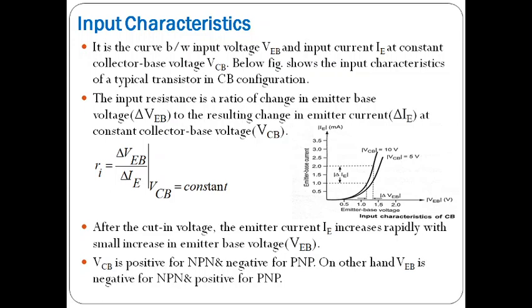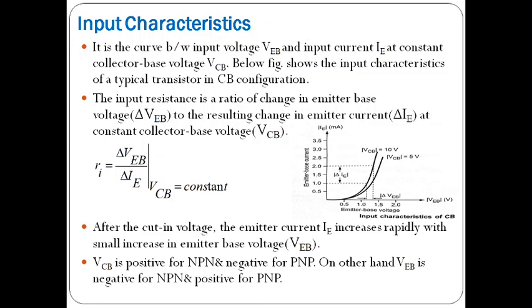This VEB is for NPN; for PNP I am keeping the mod value, so you can use positive and negative for the different NPN and PNP. So input characteristics in CB configuration are drawn between the input voltage VEB and input current IE at constant collector base voltage VCB. Clear? So you can observe the input characteristics of a typical transistor in common base configuration.